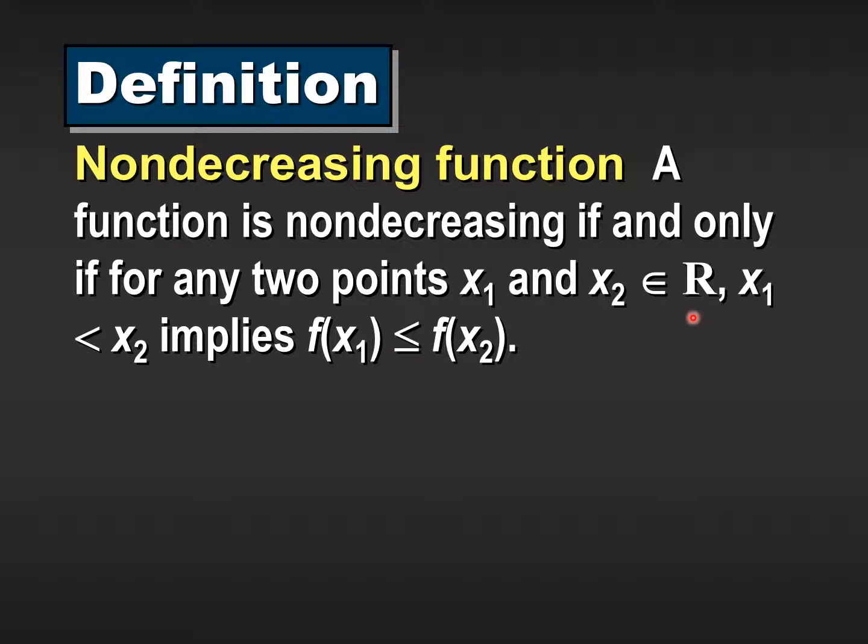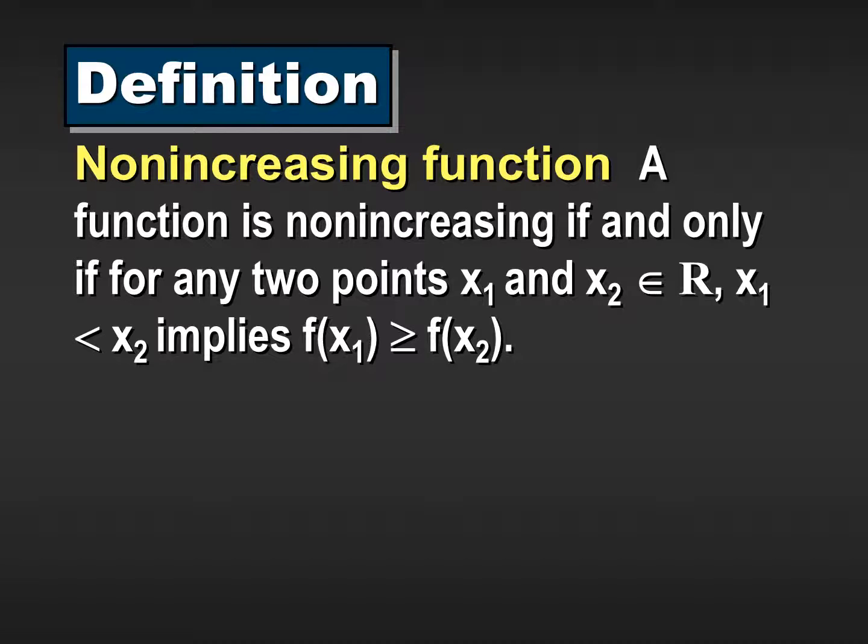So x1 is less than x2, which means y1 is less than or equal to y2, and this less than or equal to means that we can be a constant function at some points. It could be y1 equals y2 at some points. So that means it's non-decreasing.